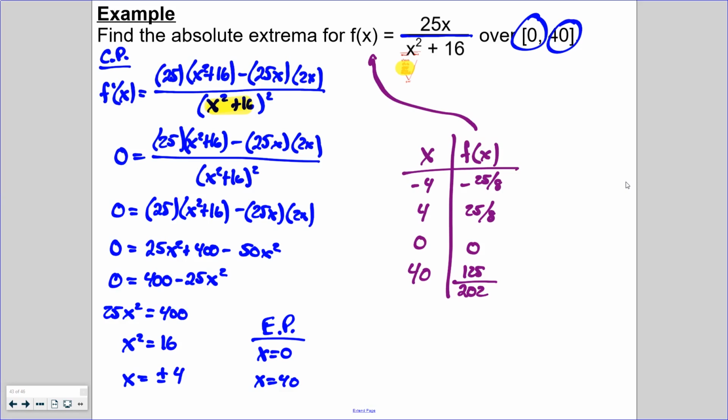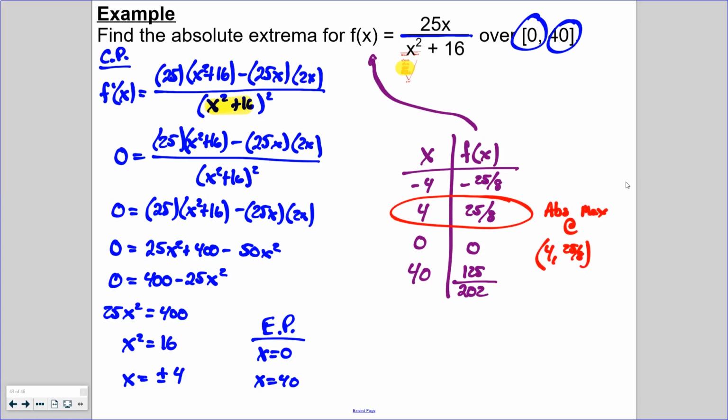Now, since the extreme value theorem does apply here, we know that we are guaranteed an absolute max and an absolute minimum value, which means we just need to find the largest y value and the smallest y value. We can see that the largest y value is 25/8, so we're going to have an absolute max at 4, 25/8.